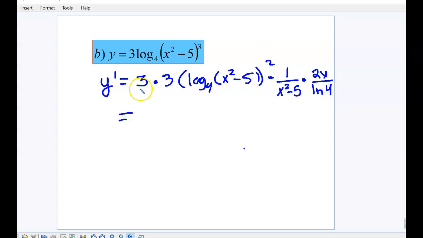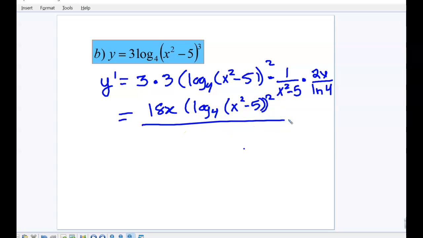So cleaning this up, I get 3 times 3 is 9 times 2 is 18x. I have log base 4 of x squared minus 5, all squared, and this is all over ln 4 times x squared minus 5, and that would be my final simplified answer.